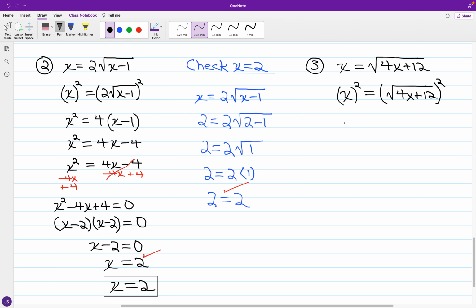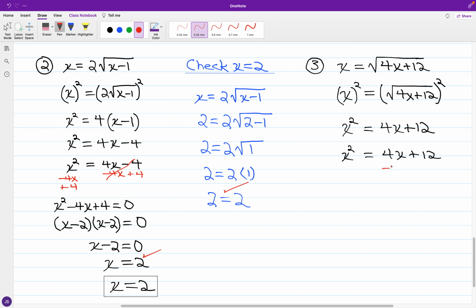So we have on the left x squared, and to the right, squaring just leads to 4x plus 12. So we've got a quadratic equation, with x squared solely on the left and your first degree and constant terms on the right.